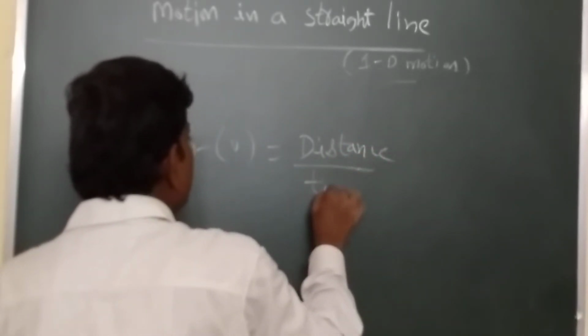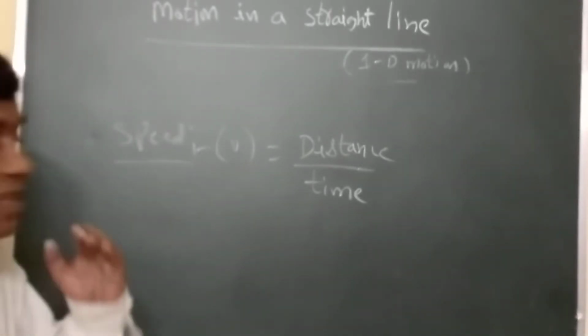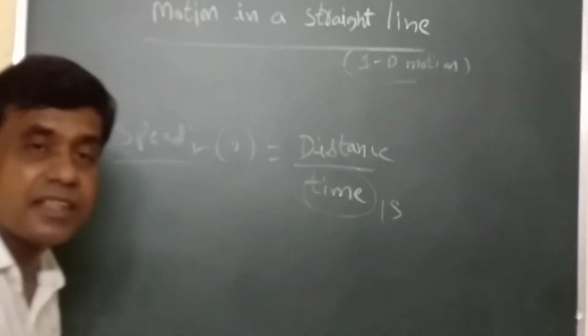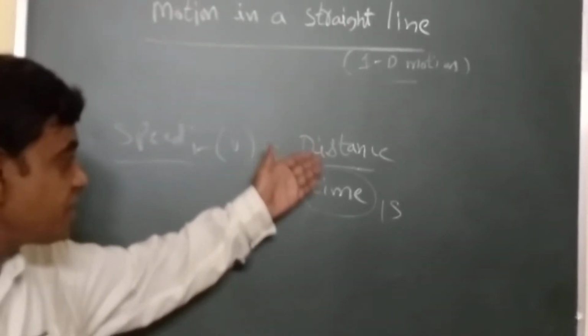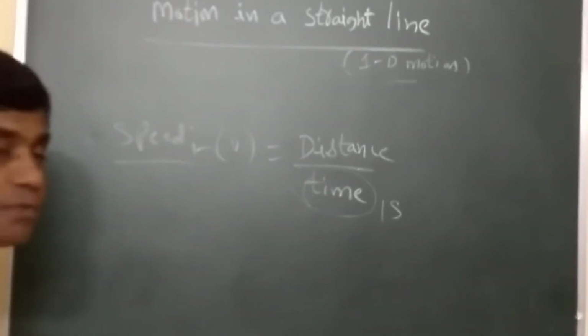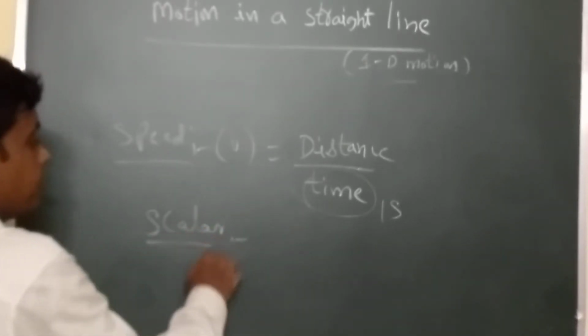The distance a particle travels in 1 second is called speed. Here speed is a scalar, no direction.